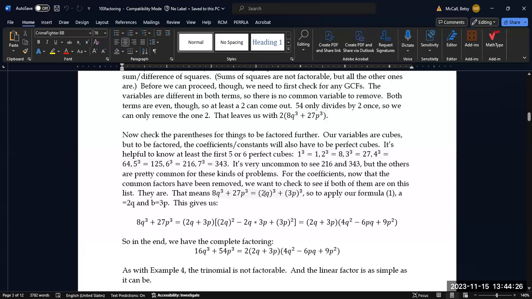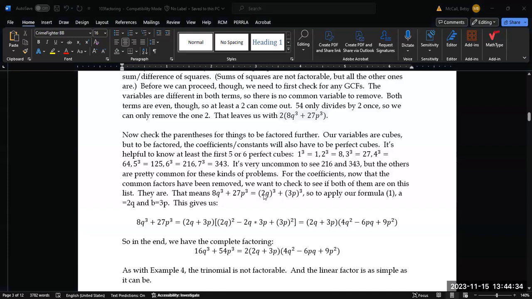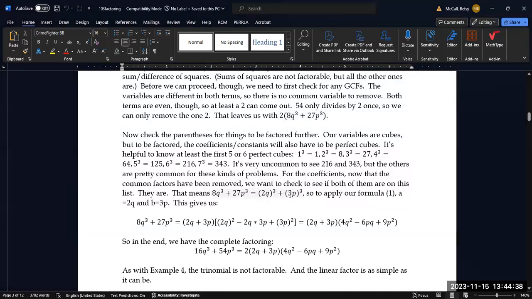So I want to think about my initial expression here as 8q cubed being equal to 2q quantity cubed, and 27p cubed being equal to 3p quantity cubed. And so that's how I'm going to put these into my sum of cubes formula, where I'm going to let 2q be equal to a, and I'm going to let 3p be equal to b.